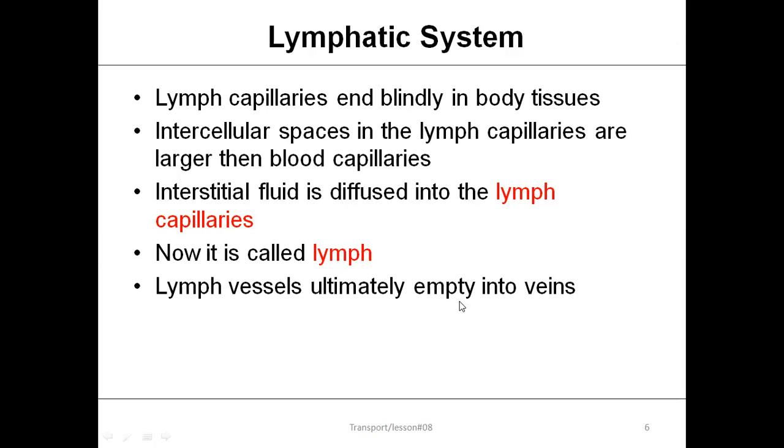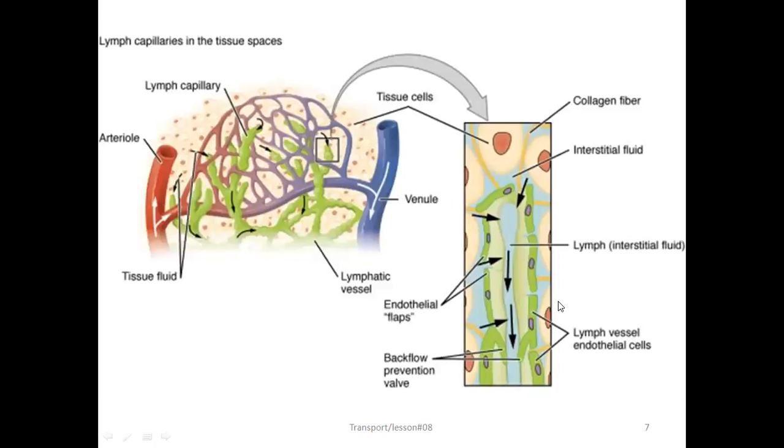Lymph vessels then ultimately they empty into the vein, and major vein कौन सी है? Major vein just before the blood falls into the heart, वहाँ पर ये drop in होता है. ये देखिए, lymph capillaries में cells are loosely arranged, and the liquid moves in very, very easily.